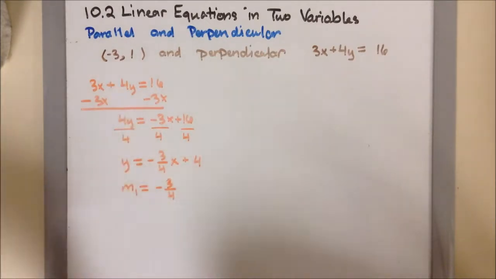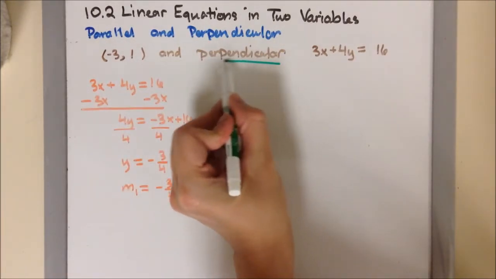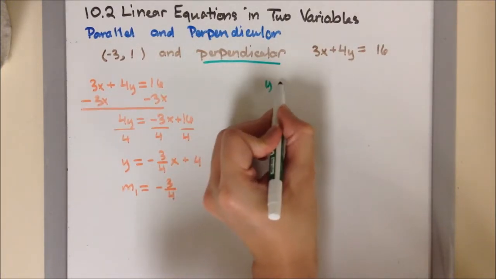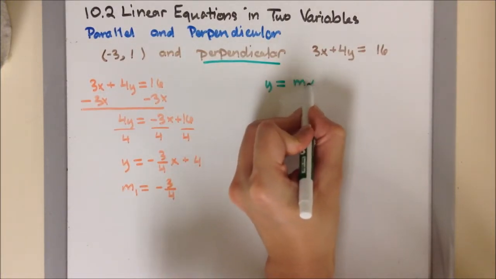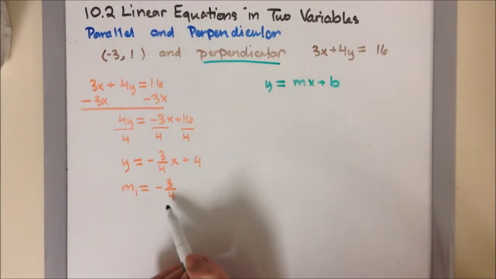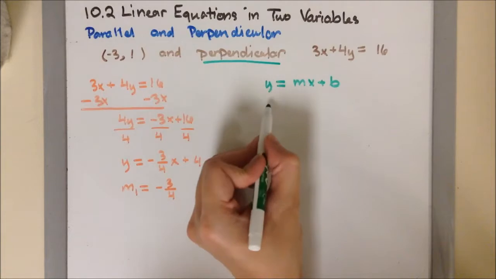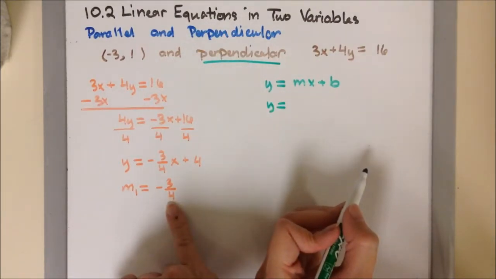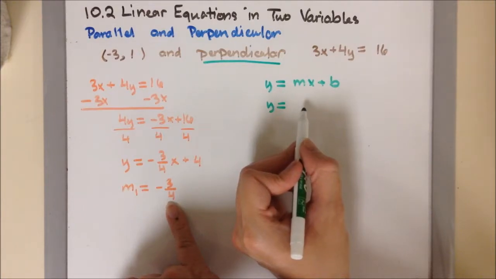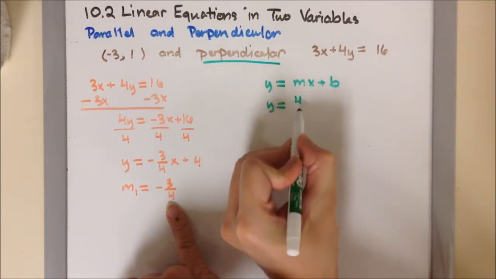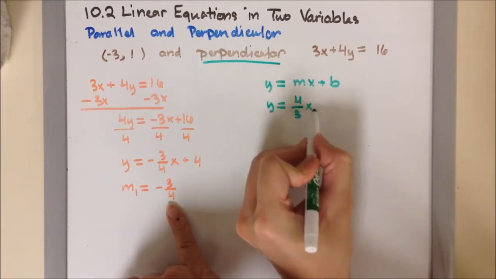All right, we know that the linear equation has to be perpendicular. So when you're making your new linear equation, in order to be perpendicular, it has to be the opposite reciprocal. Opposite meaning my new one has to be positive, and reciprocal means it has to be flipped. So it's going to be positive 4/3 x plus b.